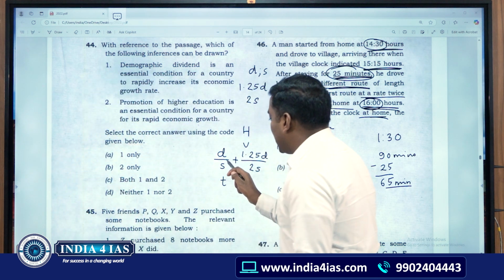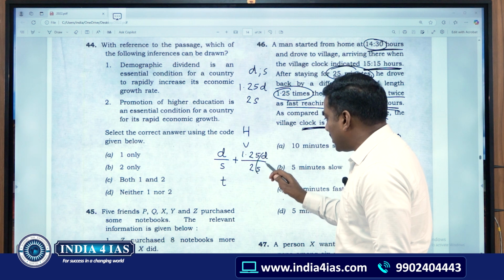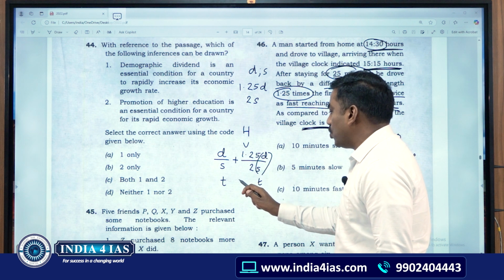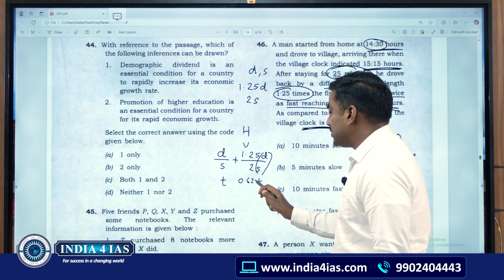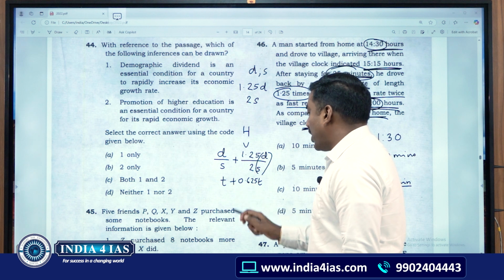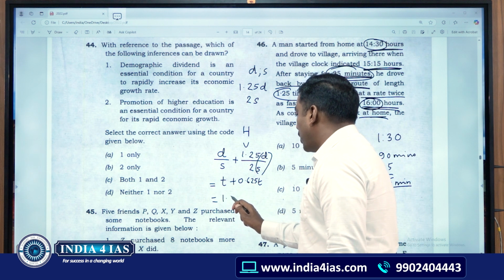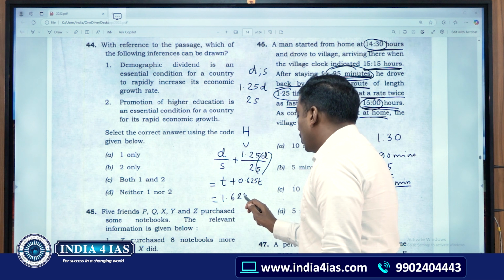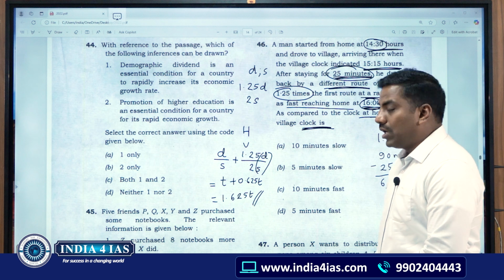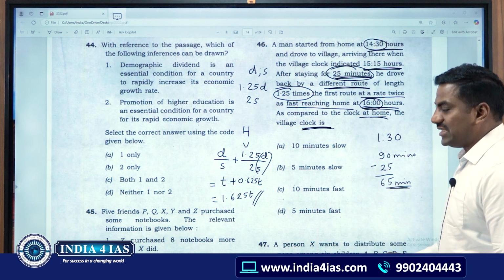I'll take this D by S is equal to T. But while coming back, he has taken something in terms of D by S only. So I'll take that as T, and 1.25 divided by 2 is equal to 0.625 T. So T plus 0.625 T is equal to 1.625 T. So total time that he has taken is 1.625 T. So that is equal to 65 minutes.